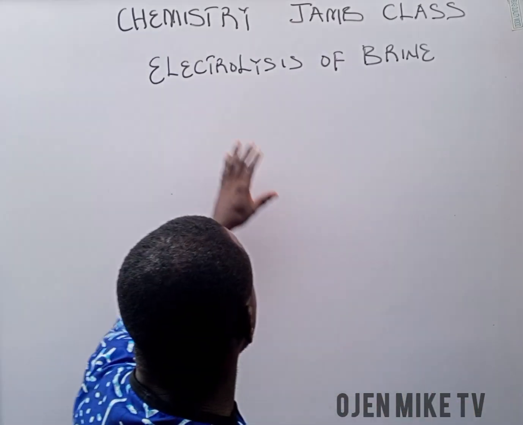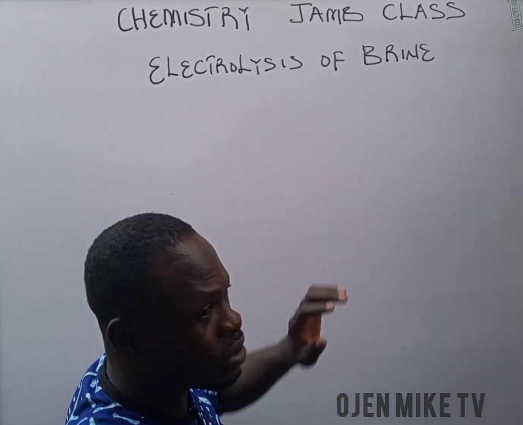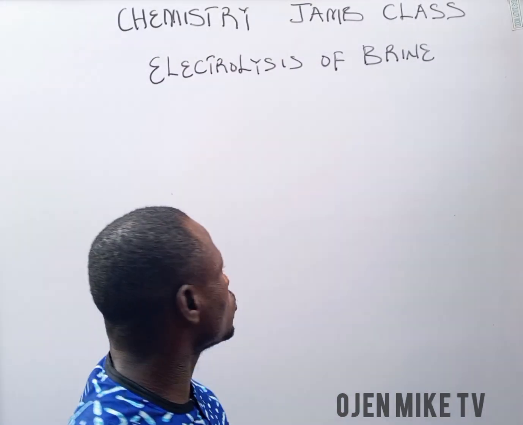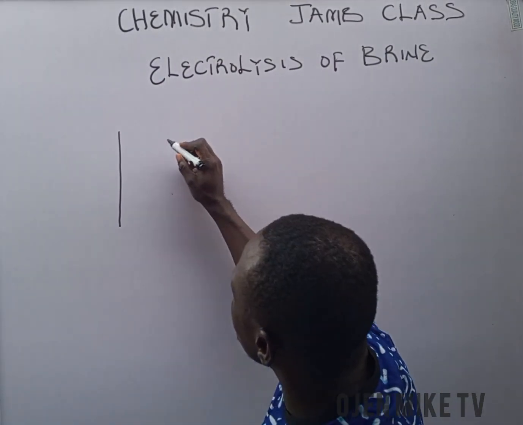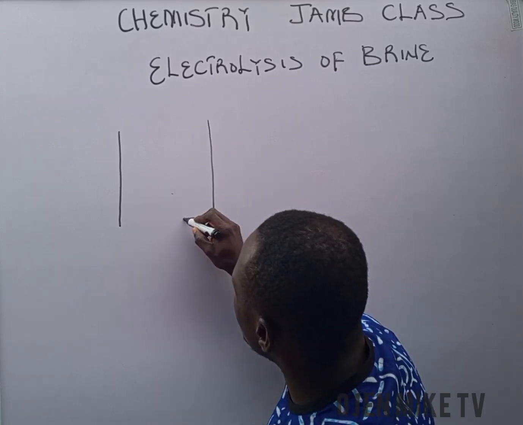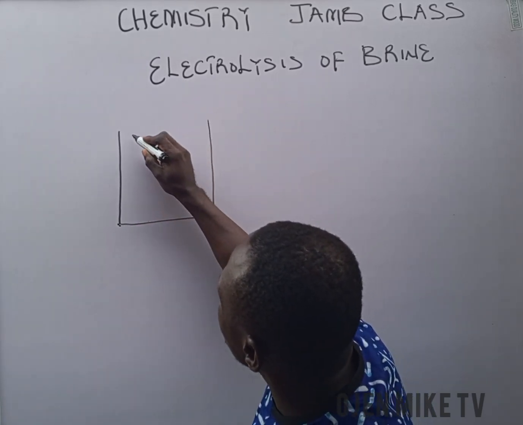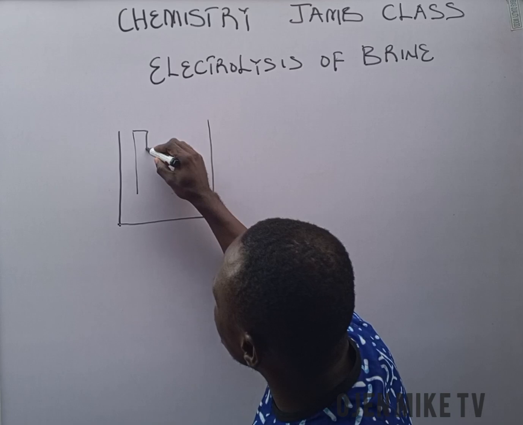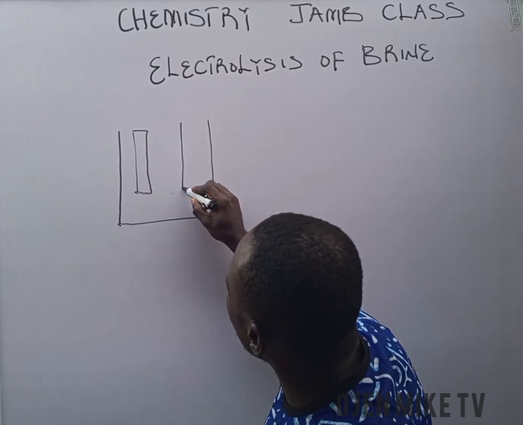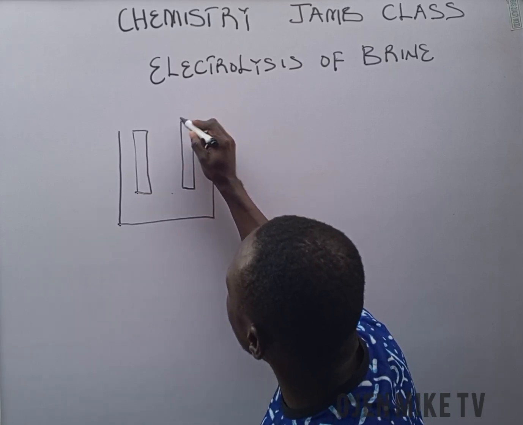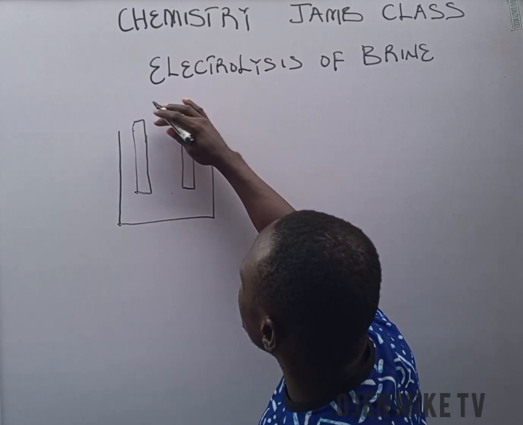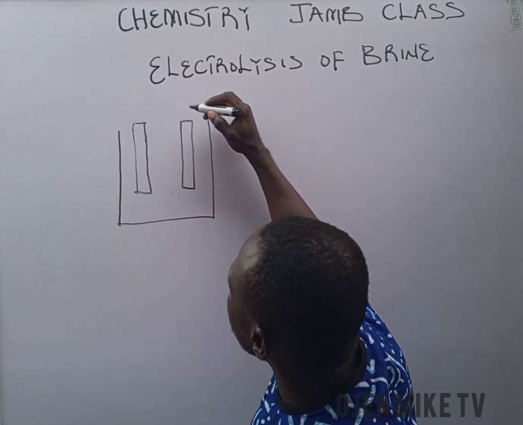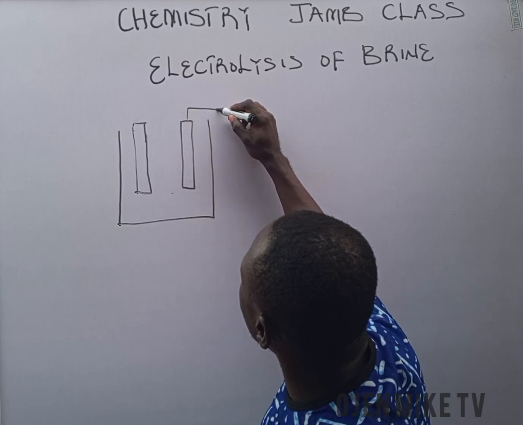Now let's start. Before we look at electrolysis of brine, let us draw an electrolytic cell. This is how an electrolytic cell looks. We are going to draw a small electrolytic cell. In an electrolytic cell, we have the electrodes.